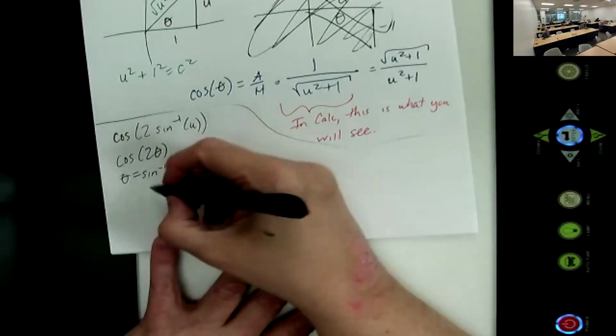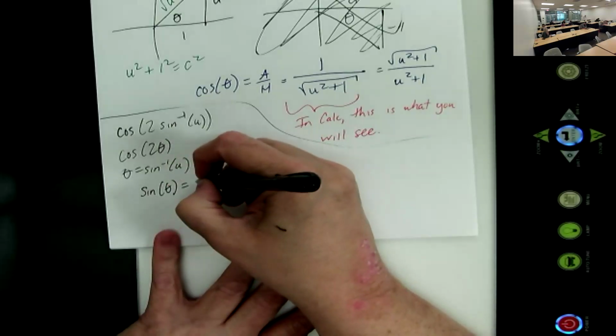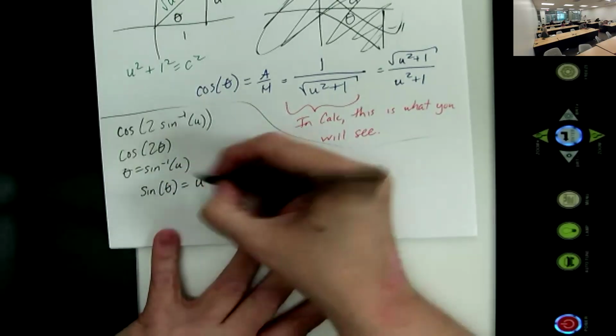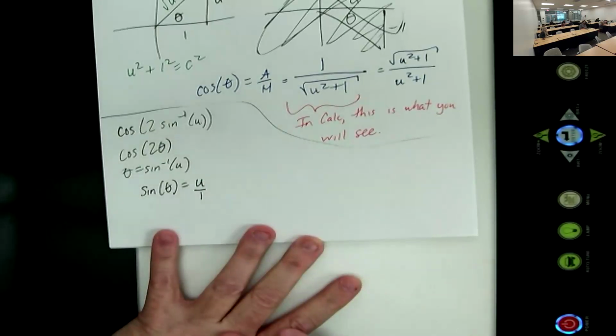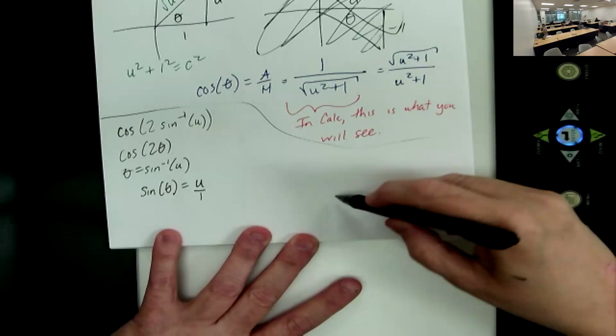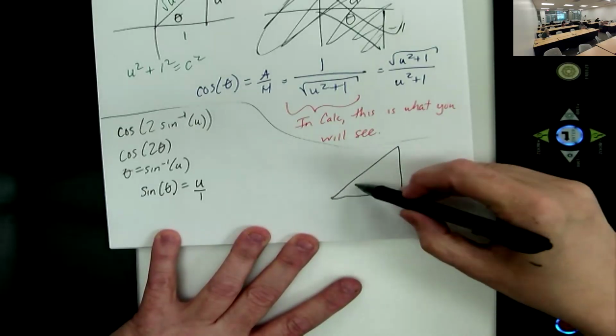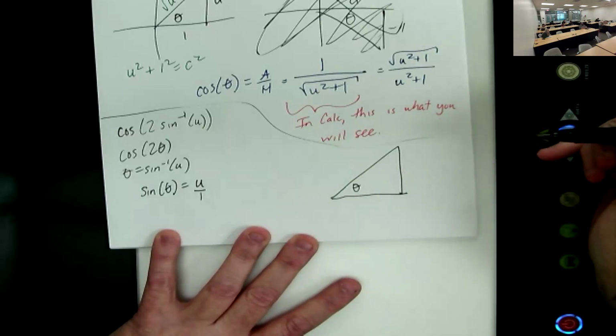Which means sine theta is u. Or u over 1. Now we can do the triangle thing, and we will. Sine theta will be positive, because sine inverse is quadrant 1.